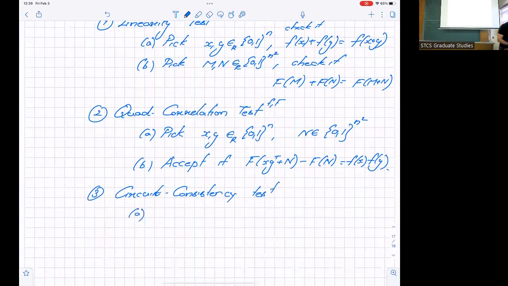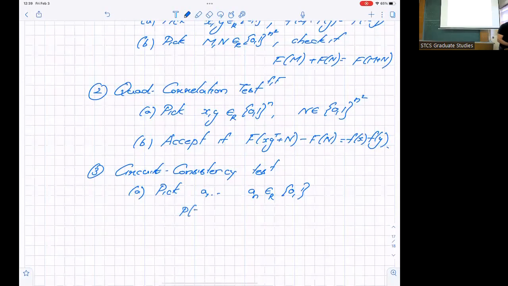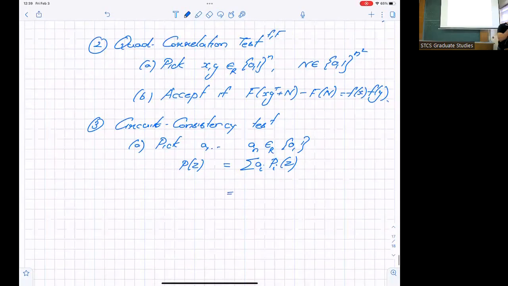So we did that before, now you can do exactly what we wanted to do. Pick A1 to AN at random from {0,1}. So that's a random linear combination of the A_i, the picks. So this looks like what?